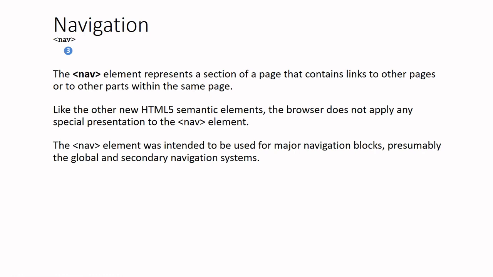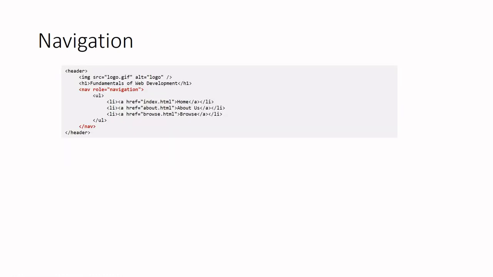Got it? So this is the nav element, and you can use nav elements like a block, otherwise global; we can discuss some of that in the next slides. Here you see a very simple example: the header section is there, an image, then the heading.